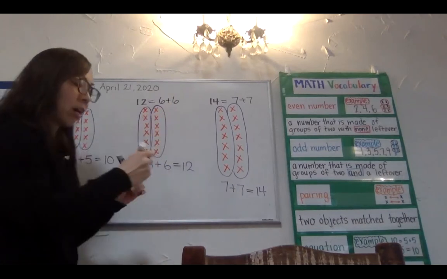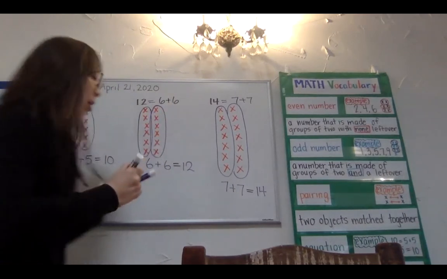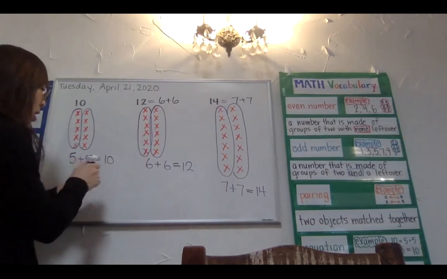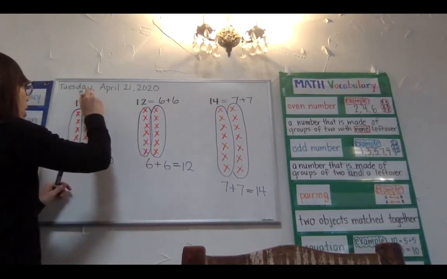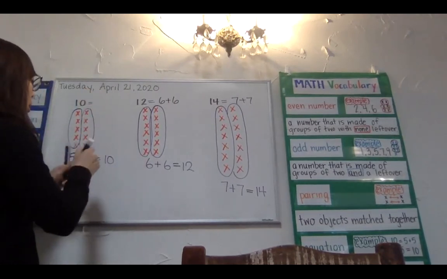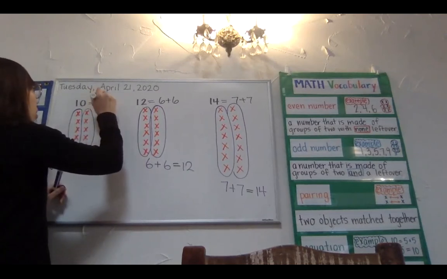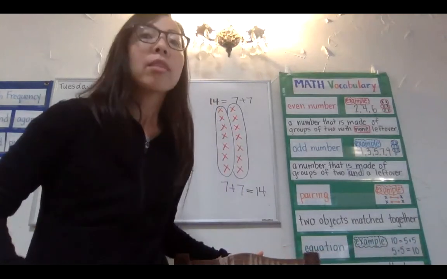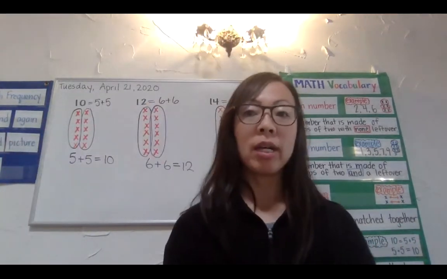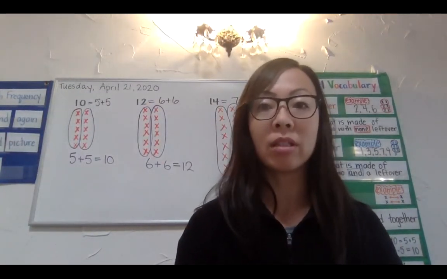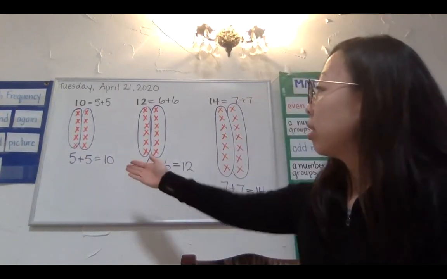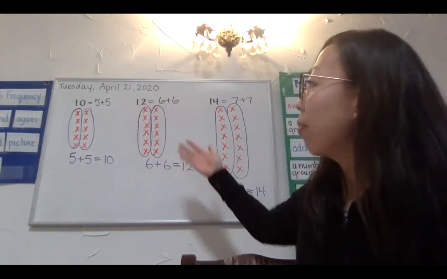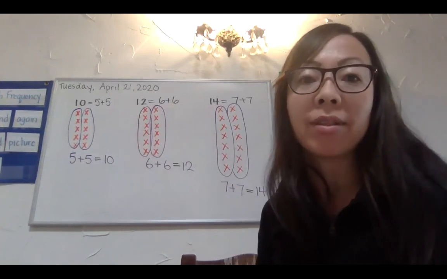It's the same value either way. 5 plus 5 equals 10, or 10 equals 5 plus 5. Remember, for equations, the value is the same on both sides of the equal sign. So it doesn't matter which direction we put them, it's the same value that we have inside.